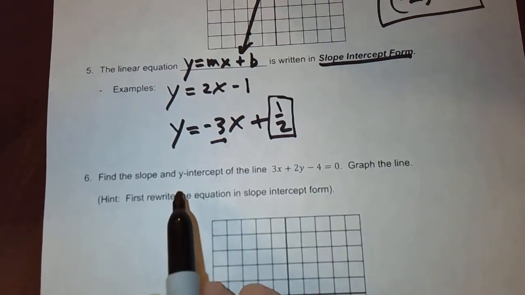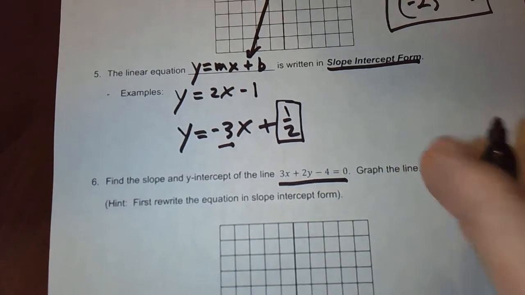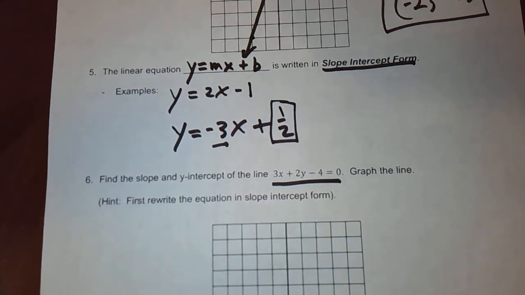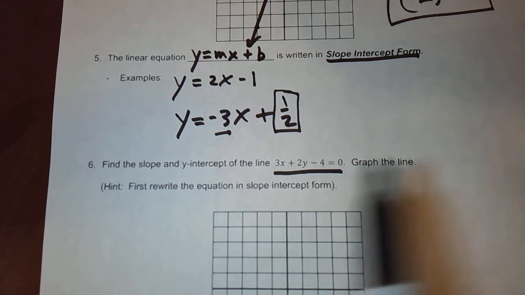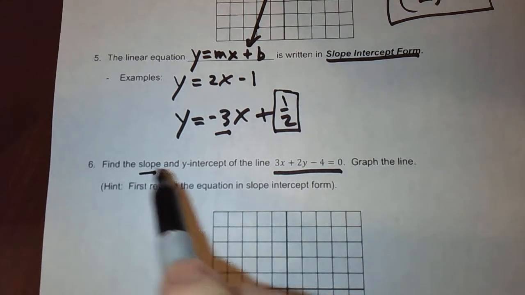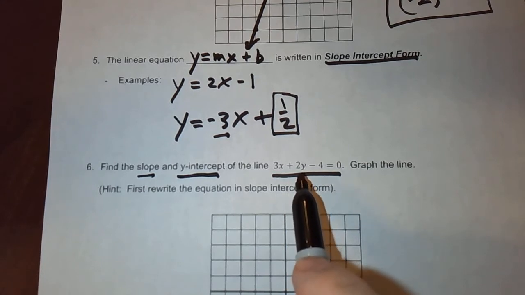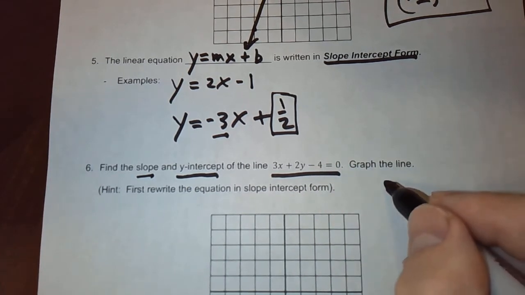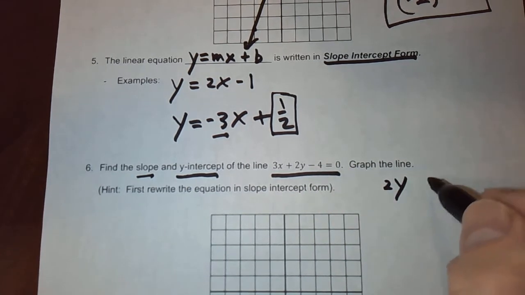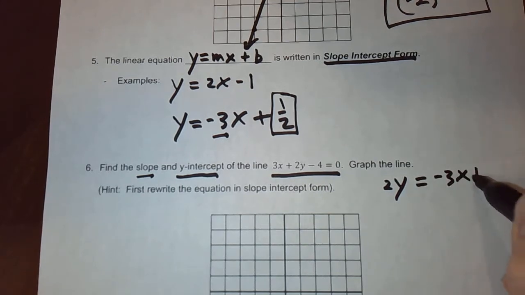So let's find the slope and the y-intercept of this line. Well, this equation is not in slope-intercept form, so I think it makes sense first to put it into slope-intercept form since we are asked for the slope and the y-intercept. So basically it means solve this equation for y so that we have y on the left-hand side. So I could say 2y is equal to negative 3x plus 4.